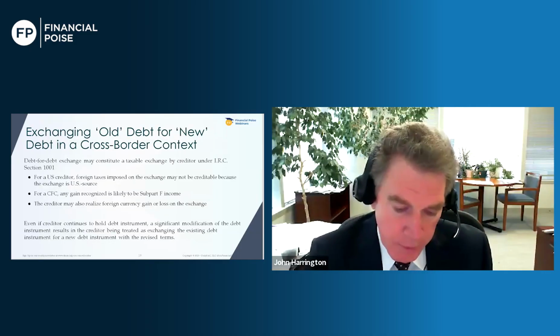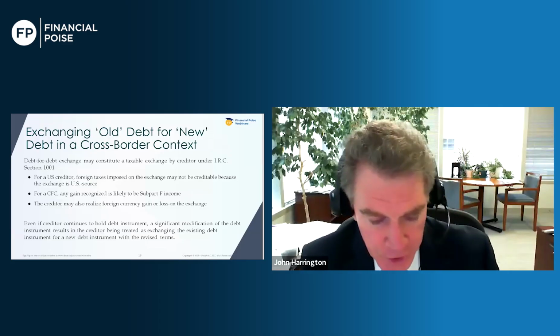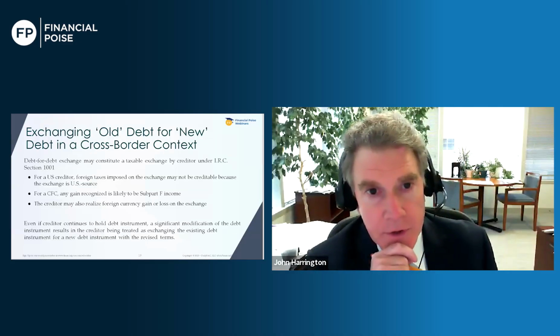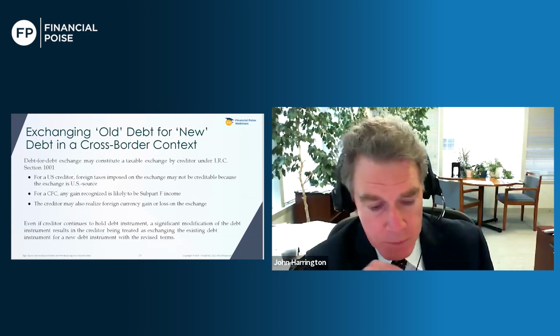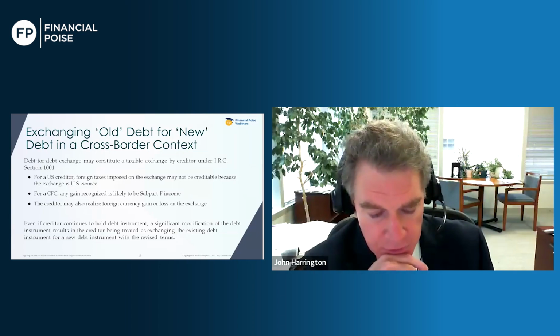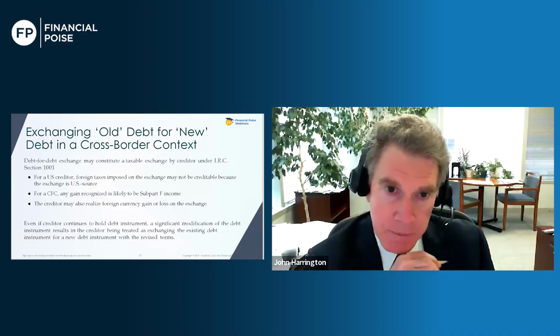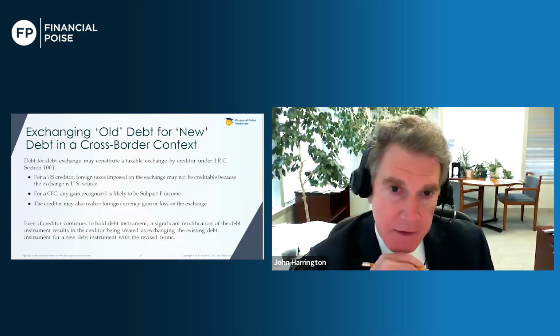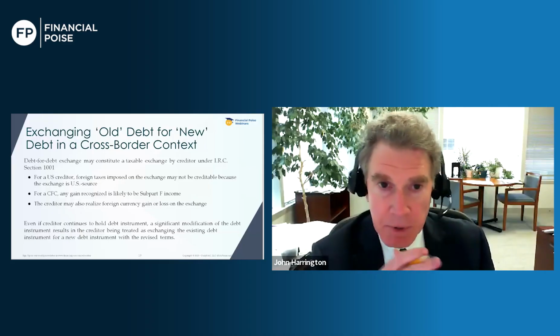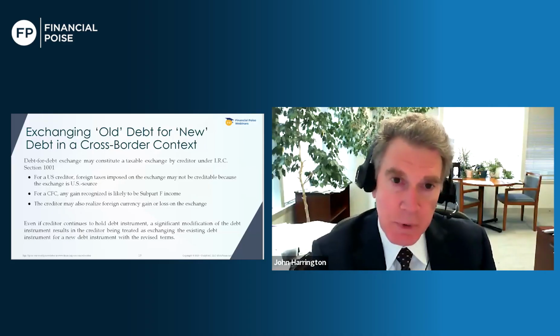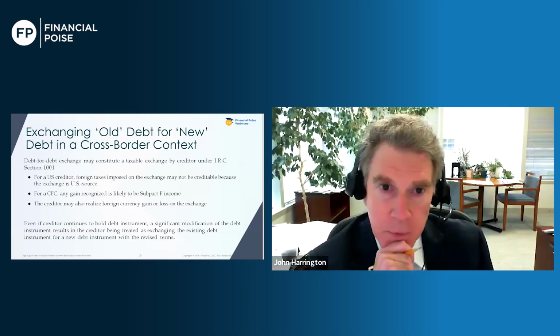As you point out, we talked about this in the prior two series in terms of exchanging old debt for new debt. And the primary issue that comes up in the purely domestic context is, is it a taxable exchange? I mean, clearly, if you exchange one instrument for another, you have a disposition for tax purposes.